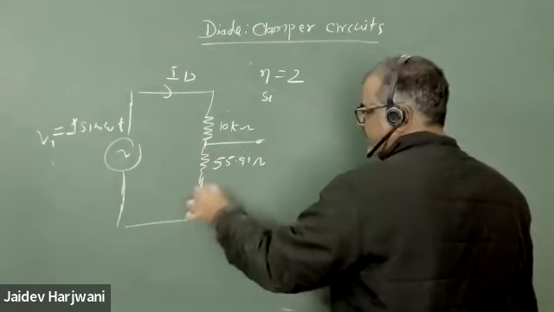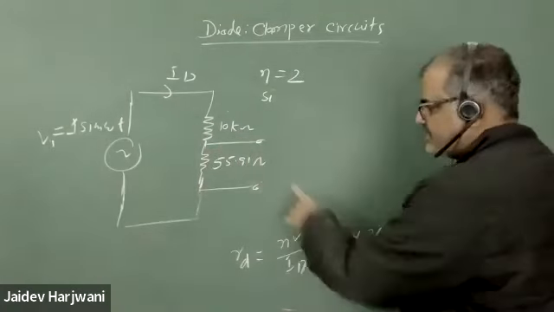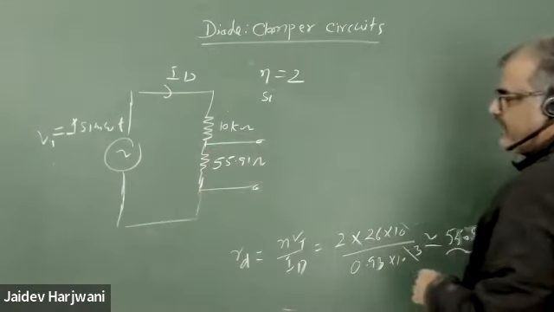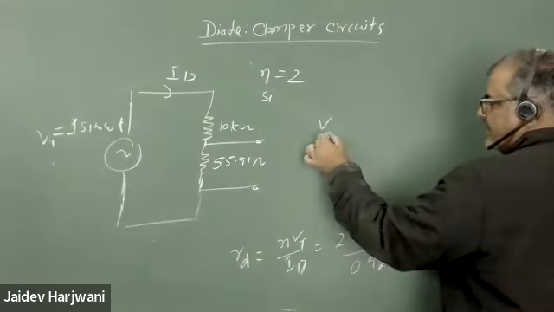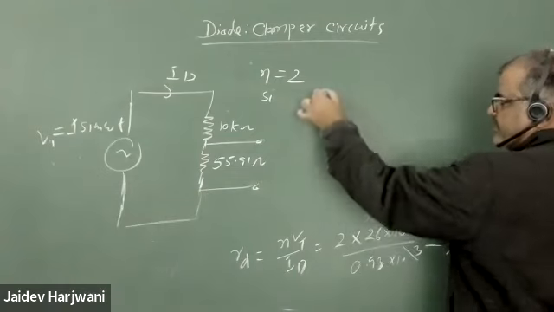Now you want to find the AC amplitude across this diode. How can you find it? V across diode, the AC amplitude across diode.